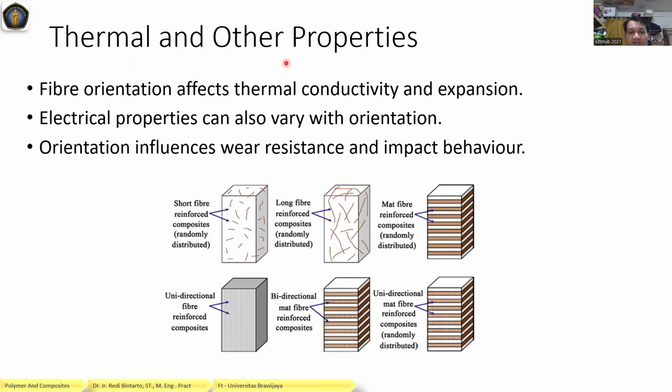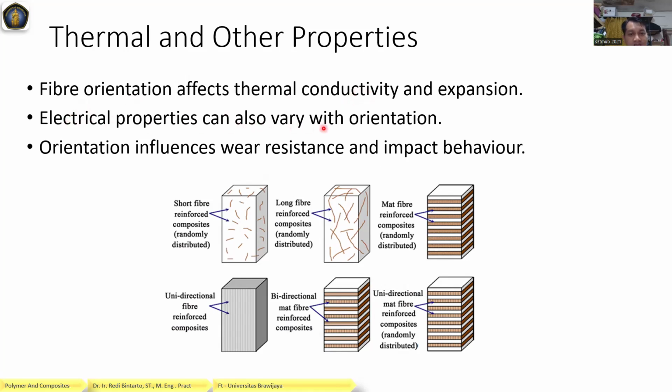For thermal and other properties, fiber orientation affects thermal conductivity and expansion. As in my research, thermal conductivity is improved by the length and the orientation of the fiber.